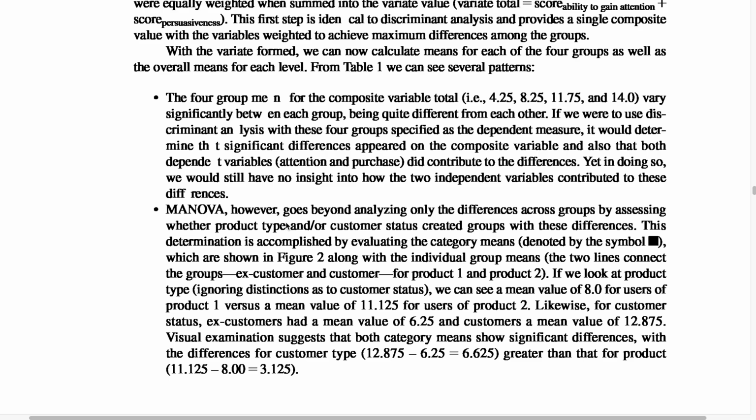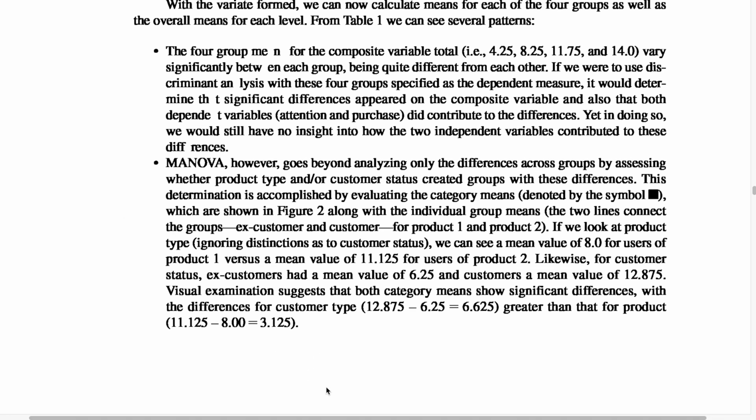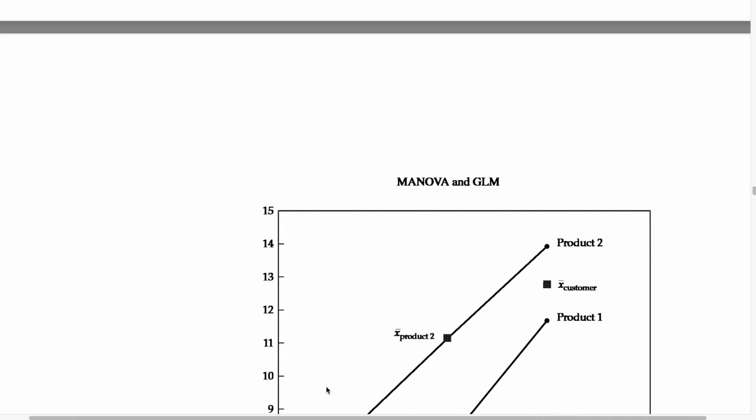Likewise, for customer status, X customers had a mean value of 6.25 and customers a mean value of 12.875. Visual examination suggests that both category means show significant differences, with the difference for the customer type, 12.875 minus 6.25 equal to 6.625, greater than the product difference, 11.125 minus 8.0 equal to 3.125.